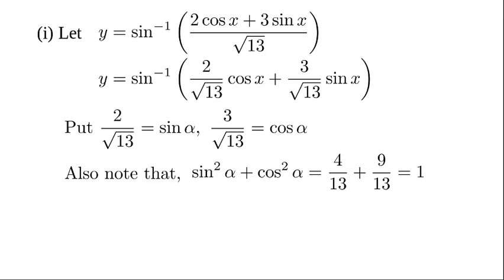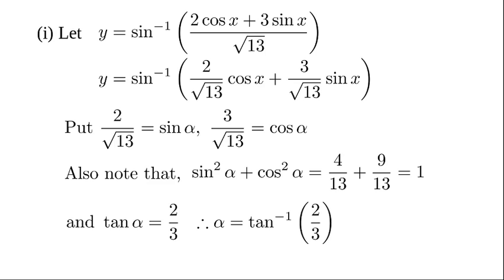And of course it is true here: sin square alpha plus cos square alpha equal to 4 by 13 plus 9 by 13 equal to 1. And we also find the value of tan alpha, so that alpha can be replaced in terms of tan inverse of 2 by 3 in the problem.